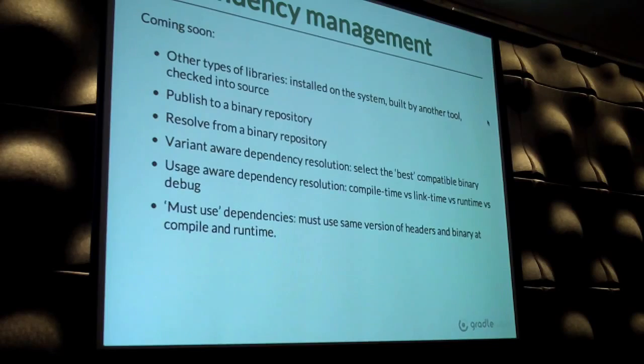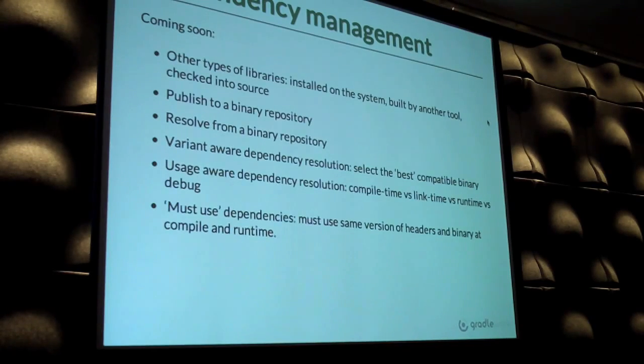It's not going to work in general to give me a different version. In the JVM space, you can vary things all over the place, and we do. So this bakes into dependency resolution and conflict resolution the idea that these things travel together. You use them at different times and you resolve them at different points in time, but they have to travel together. You have to use the same binary and headers together in general.